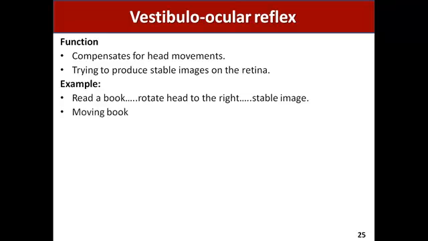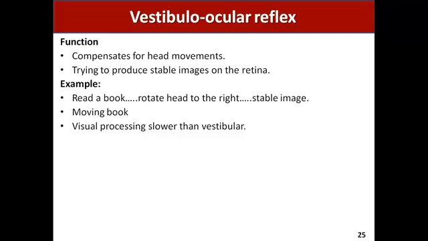Now, if you don't rotate your head and you move the book, you'll find it much more difficult to read those pages, because the vestibular system is not activated. When your head is stable, you're not discharging action potentials to the vestibular nuclei.